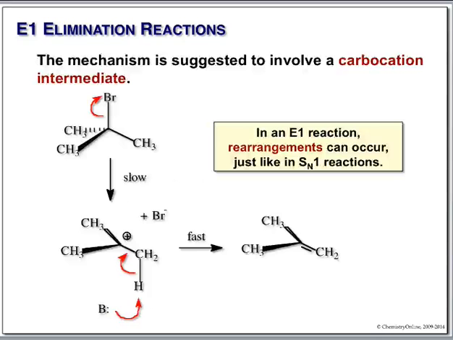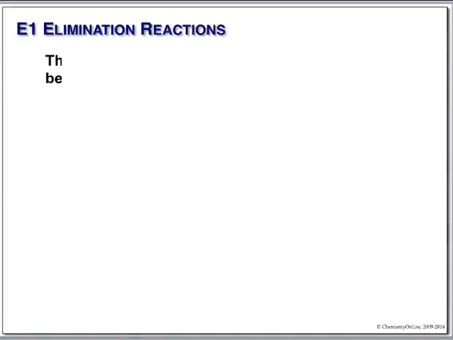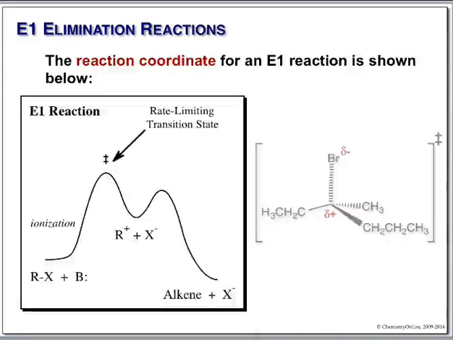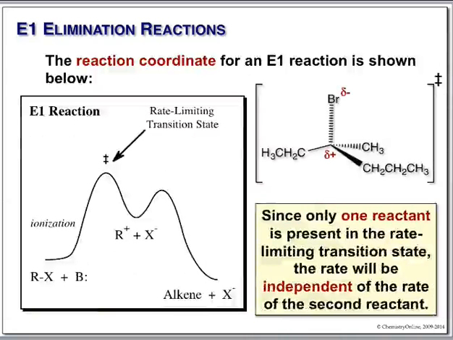We can get rearrangements. Basically, you want to avoid E1 and Sn1 because they're just so messy. But they do exist, and we must know that. The reaction coordinate looks exactly like the Sn1. Make the carbocation. We simply pull off the hydrogen to make the alkene instead of doing substitution.